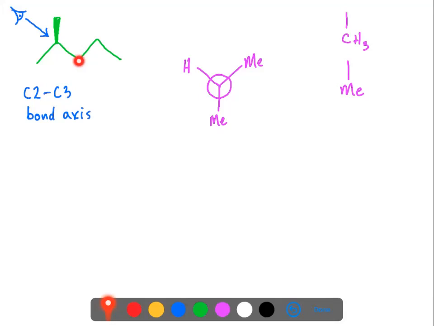So that'll be an ethyl group. And remaining, because there's 4 bonds to carbon and no formal charges being shown, we assume that there's 2 hydrogens attached to this carbon. So again, this methyl group is in the same plane as the ethyl group, and they are in opposite directions. So there's a 180-degree difference in the direction of those 2 groups. And so we can show that in our Newman projection.